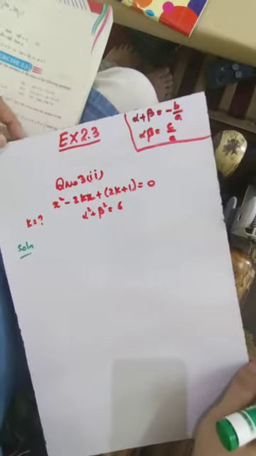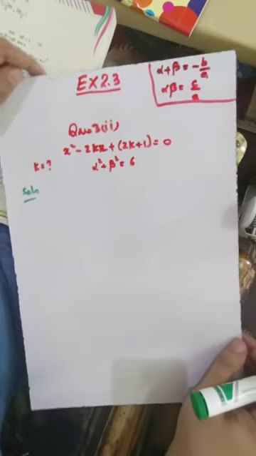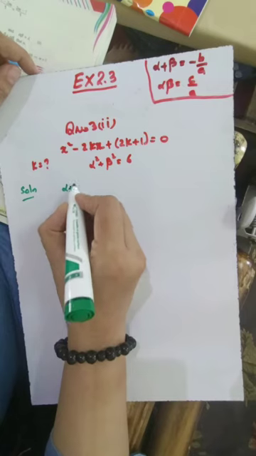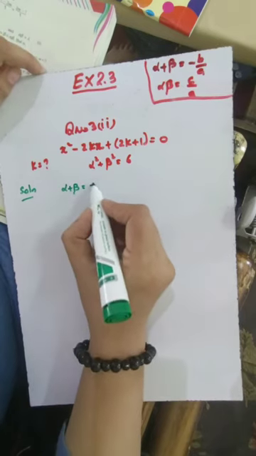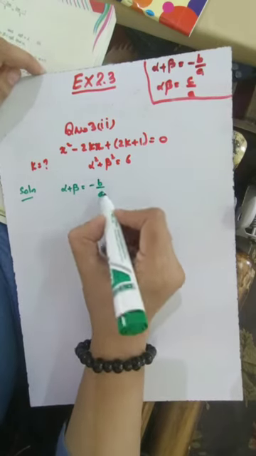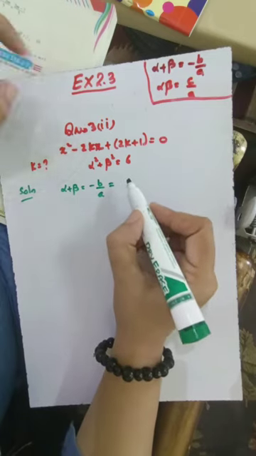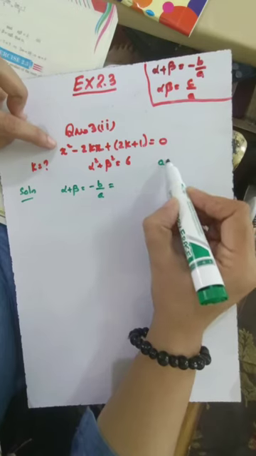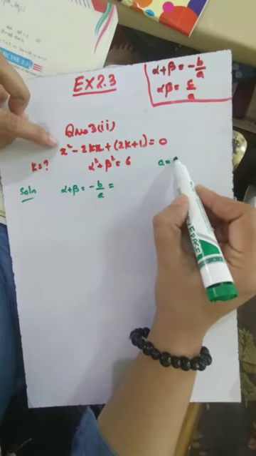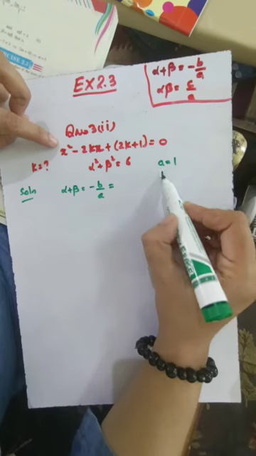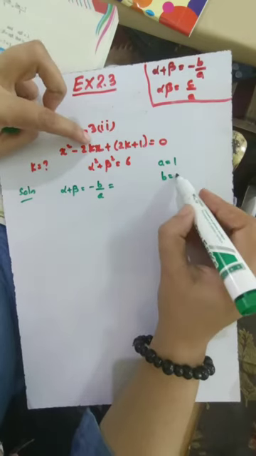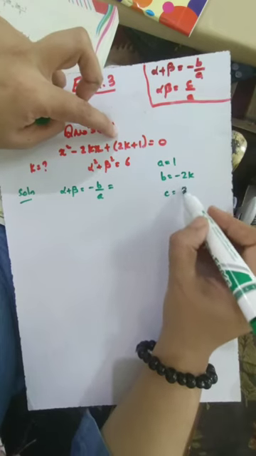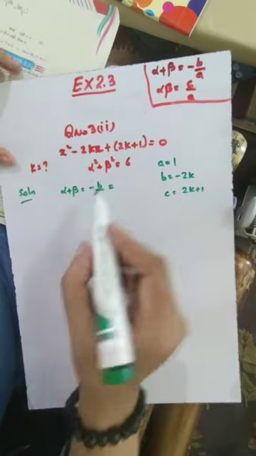Now the solution is, we know that alpha plus beta can be calculated by using the relation minus b over a. So for this equation, let me write the coefficients. The a will be 1, b will be the coefficient of x which is negative 2k, and c will be the constant term which is 2k plus 1.